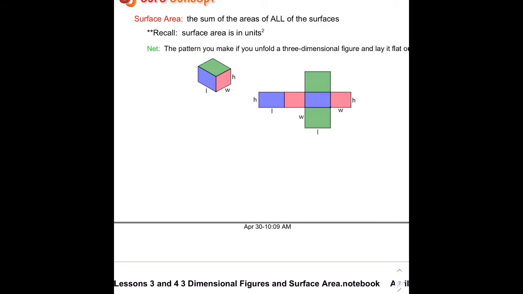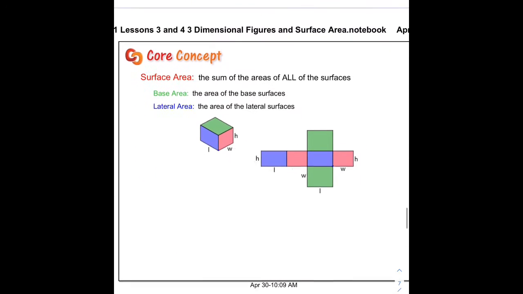The surface area is the sum of all the areas of all of the surfaces. So one way that you can go about these problems is to figure out the area of each face and add them up. That absolutely works. But we are going to talk about some formulas that make it more efficient.